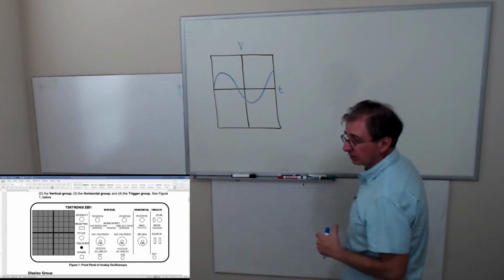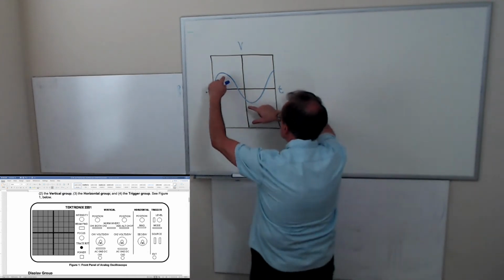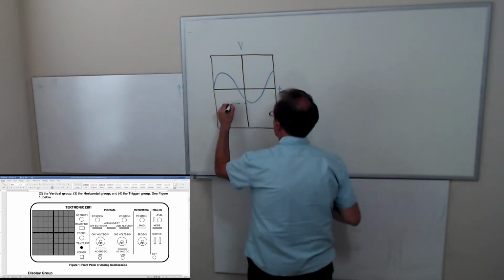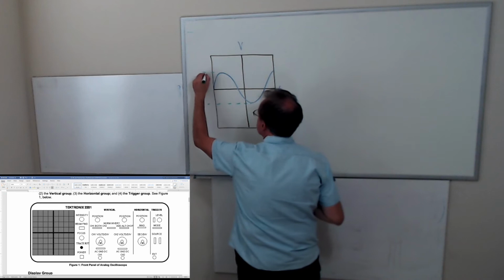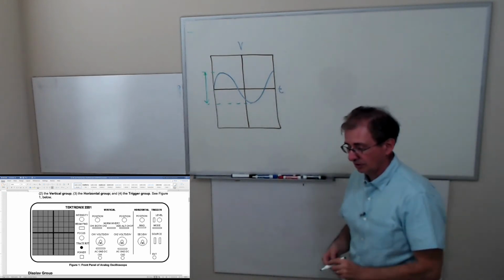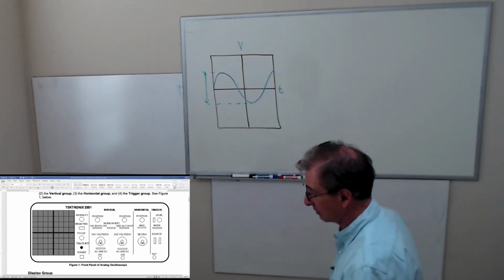So on the vertical axis, I can measure the distance from here to here. So I can actually measure this distance in terms of the number of divisions. Like I said, on a regular scope, that's going to be in centimeters.